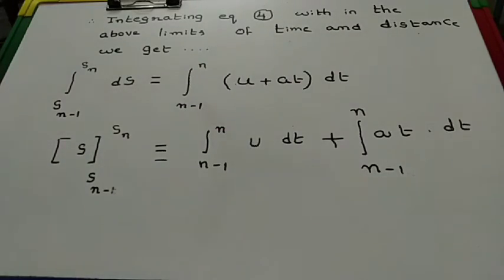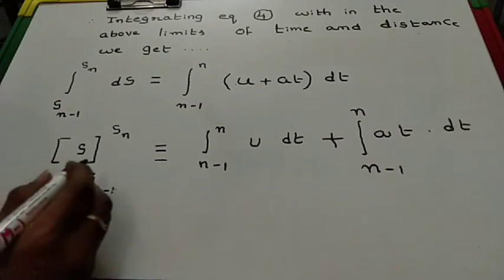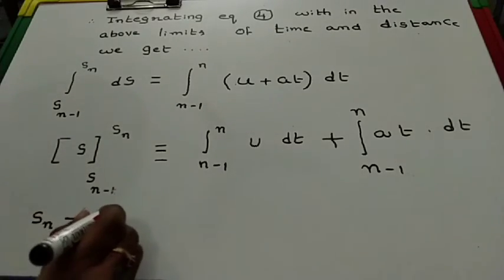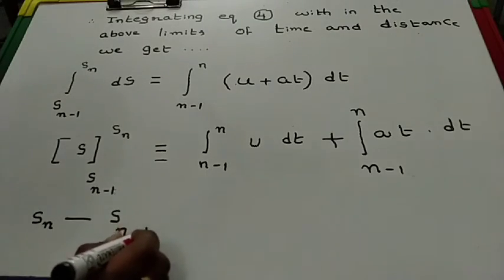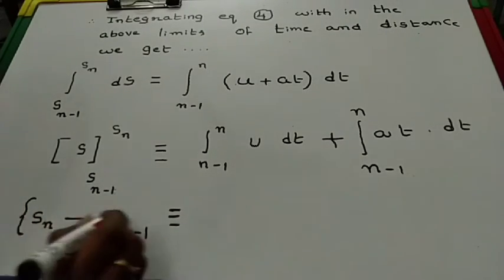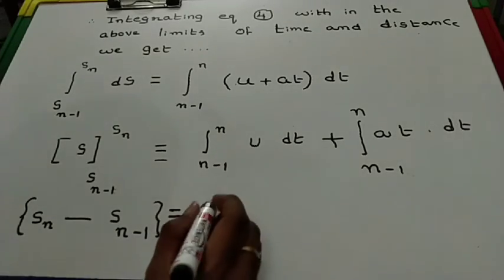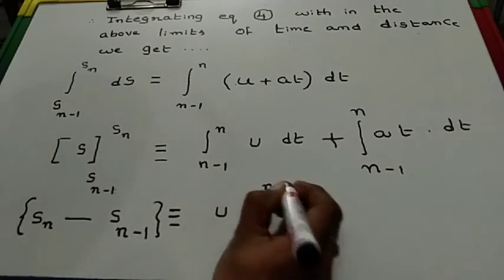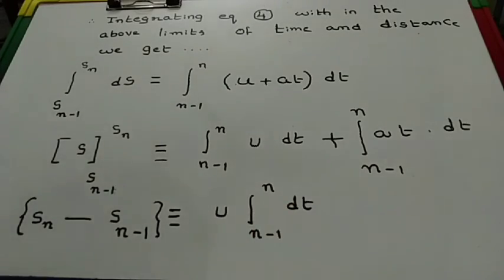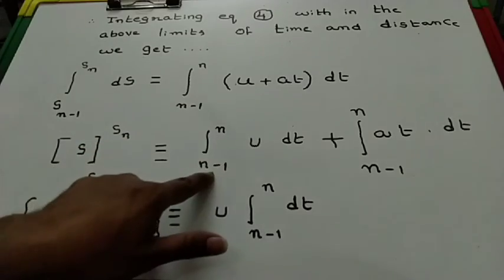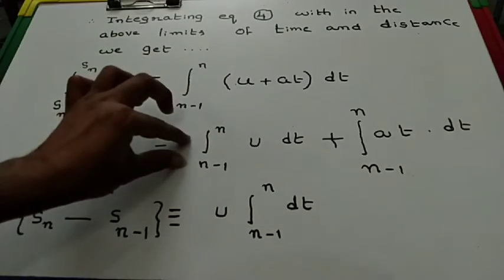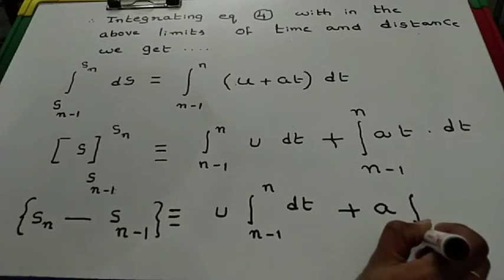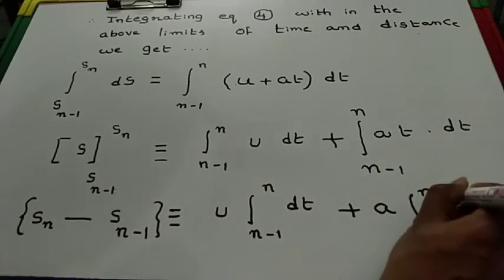Now what we will get? Sn upper limit, after that lower limit, minus Sn minus 1 is equal to u integral n minus 1 to n dt. Here u is constant, velocity should be constant, plus a integral n minus 1 to n of t into dt.